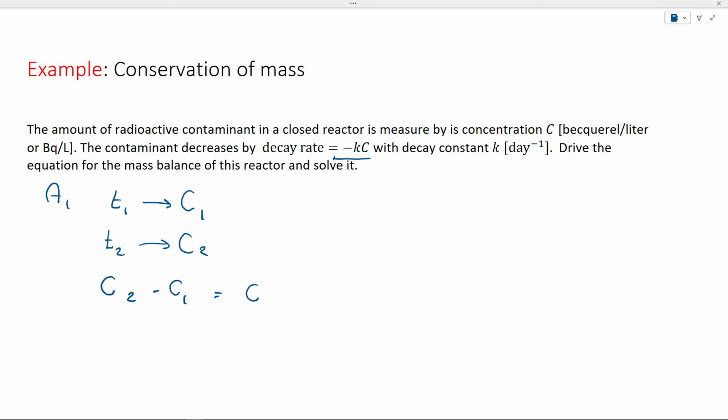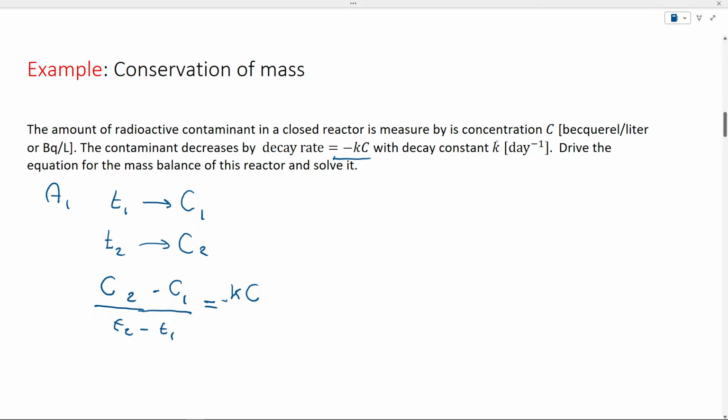And this has a rate constant, and this would also be changing in time, from time 2 to time 1. So that's basically the rate of change. This is negative.